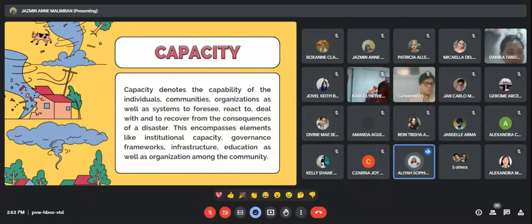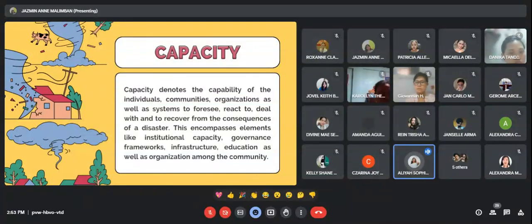And more specifically po, it is consist po of sa kakayahan po ng mga certain government body na mag-spread po ng awareness through education. And dahil dito po, mas magiging aware at ready ang mga tao whenever na dumating po ang isang sakuna.